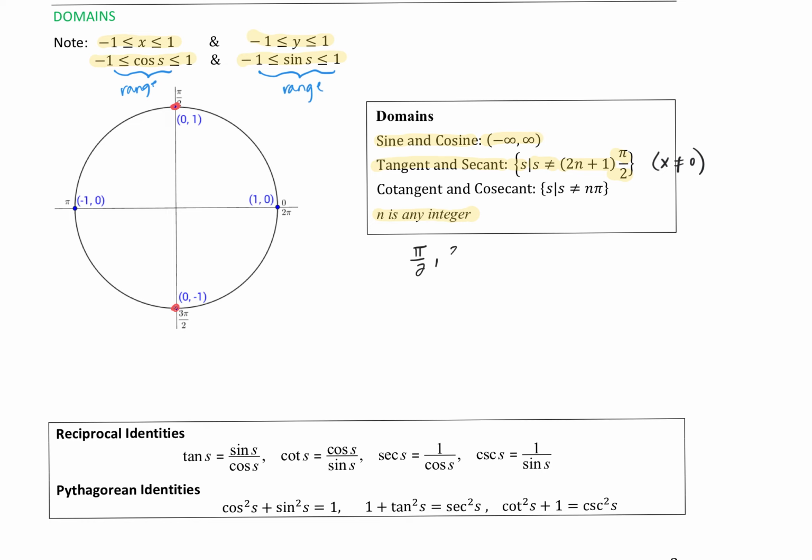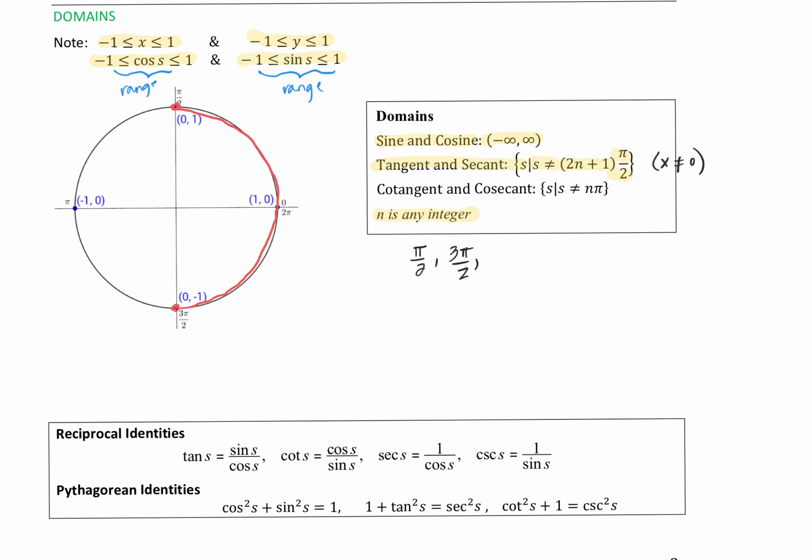It cannot be equal to 3 pi over 2. But if I was to continue on and keep going around the circle, so we're at 3 pi over 2, and I go back and continue on, then this is going to be 5 pi over 2.